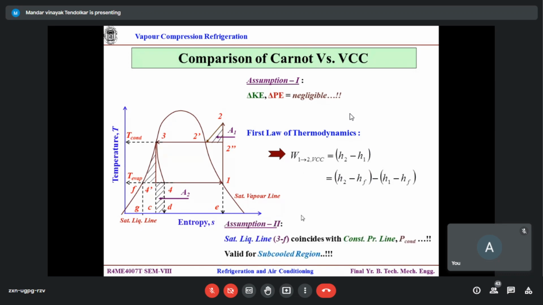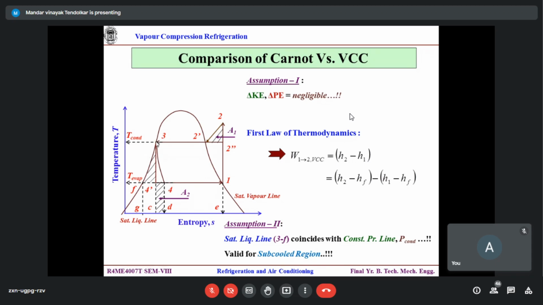Now my second assumption is that the saturated liquid line, that means 3F, coincides with the constant pressure line. In the vapor zone, the constant pressure lines are naturally distant away, and I can differentiate them very easily. But in the liquid zone, being incompressible, the pressure effect is very, very negligible.